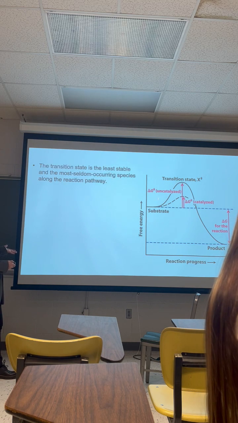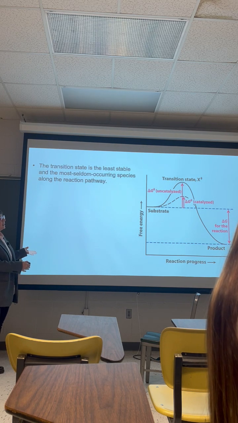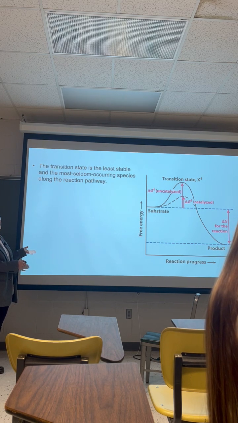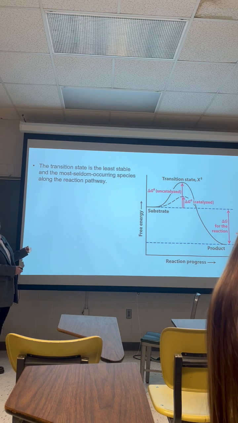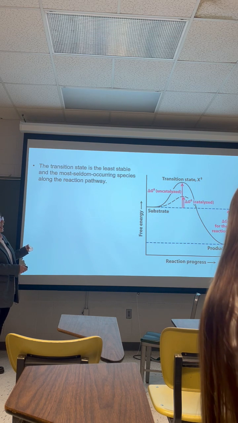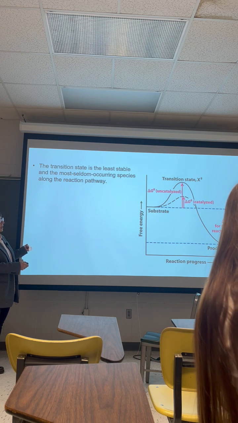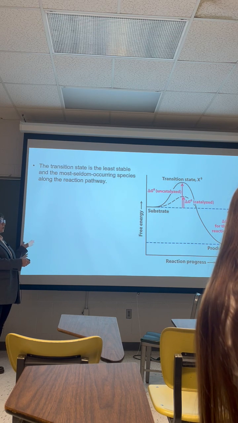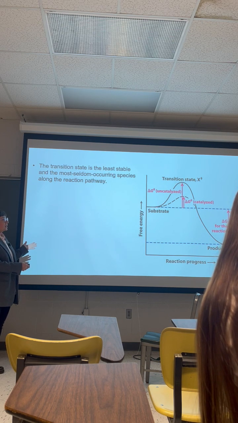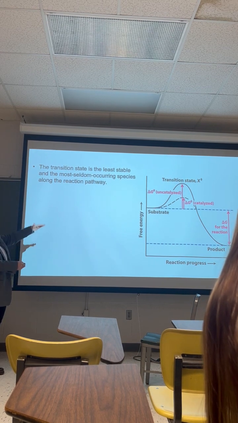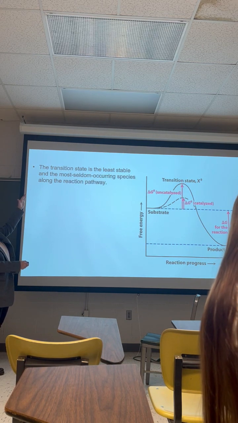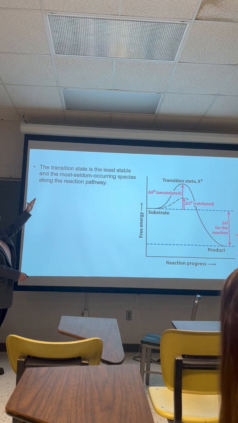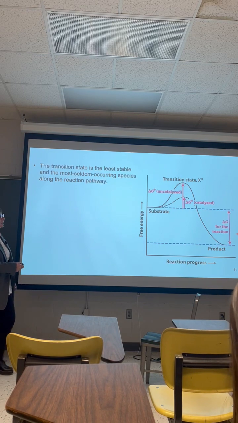And look what enzymes are doing. Enzymes are decreasing the free energy of the transition state. So in the absence of the enzyme, when the reaction was uncatalyzed, the substrate had to climb a very high hill, transition state, and then be converted into product.